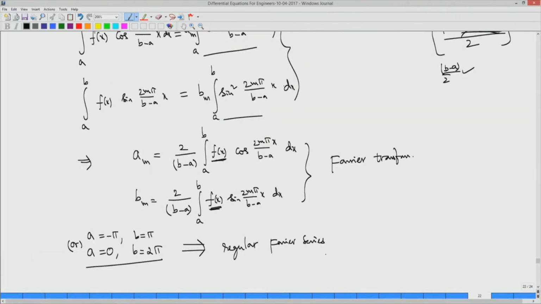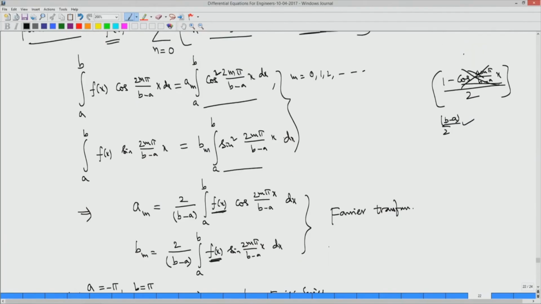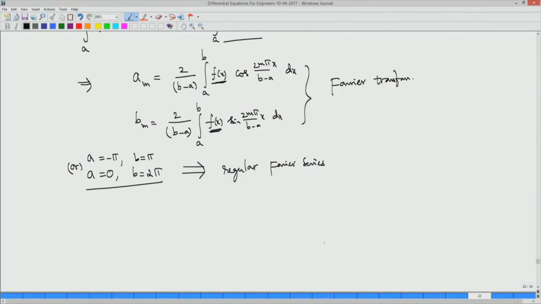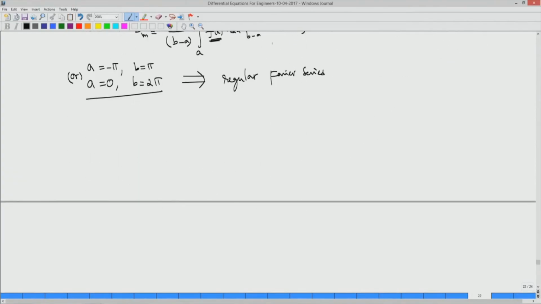Otherwise, for the general Fourier series with period b minus a, you can have this general Fourier series. So this is how a regular periodic Sturm-Liouville system will give you the regular Fourier series which you study in engineering.